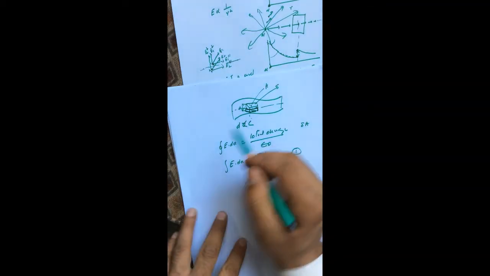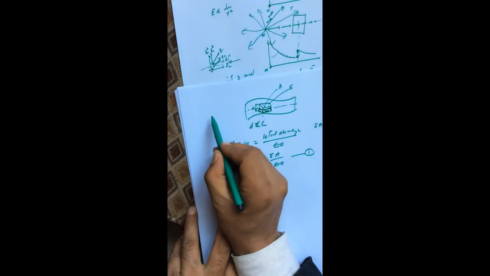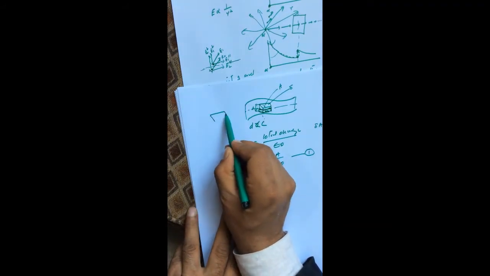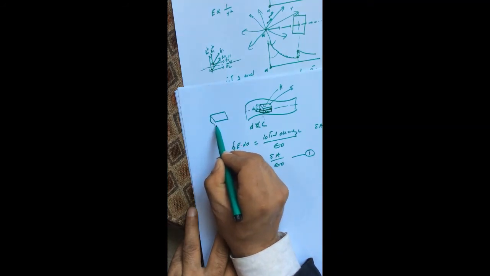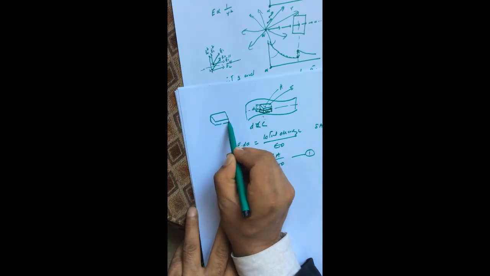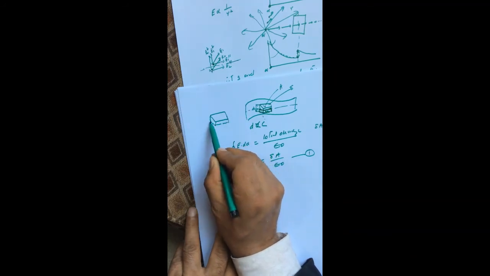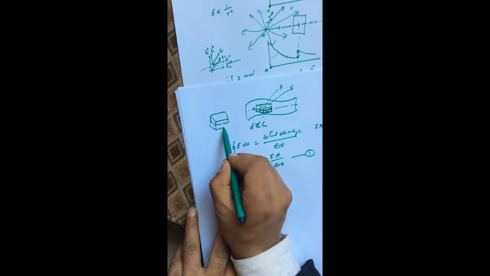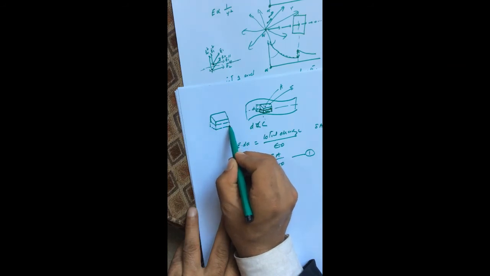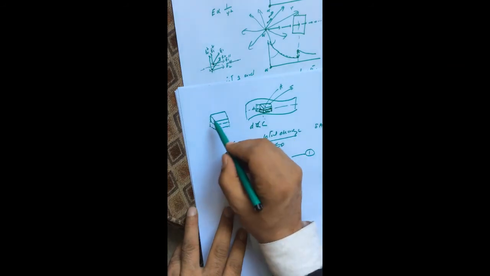Now here we have 6 surfaces. I will plot it again here to make it more clear. So this is like a pillbox.